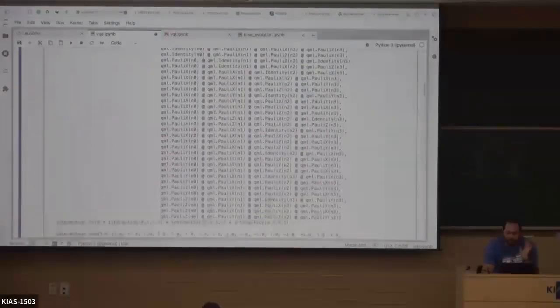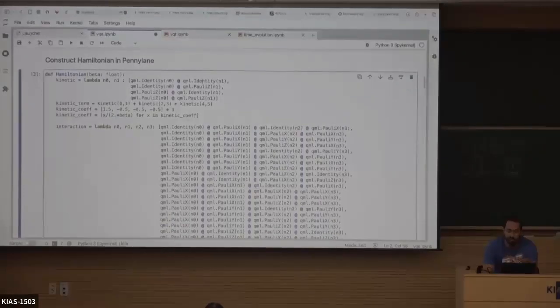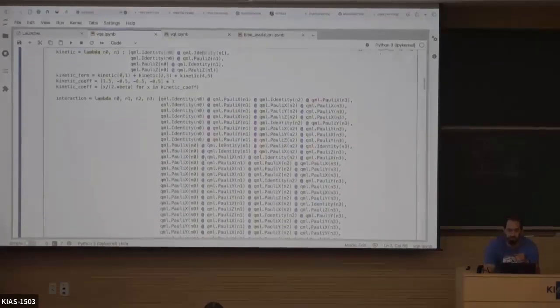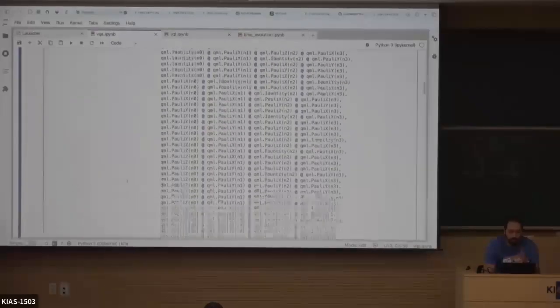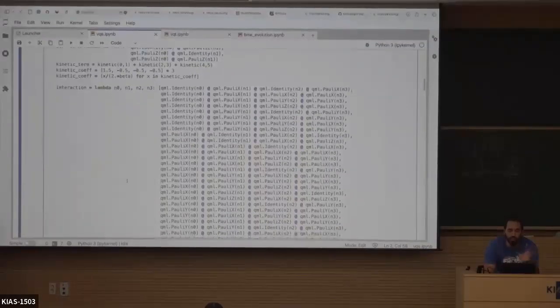So what I'm going to do is construct this Hamiltonian for an arbitrary beta. Okay, you can investigate this Hamiltonian and try to find if I introduced any bugs or anything. Feel free to find my mistakes. So all I'm doing is, the Hamiltonian class in PennyLane takes two separate inputs.